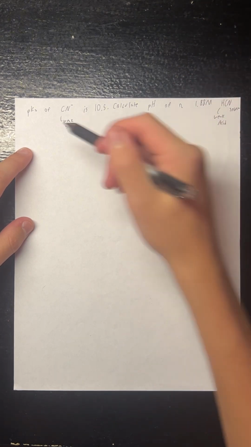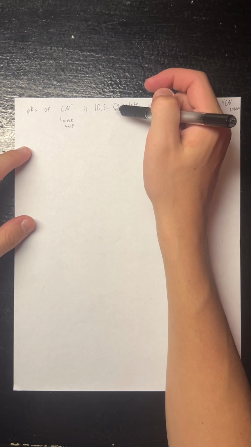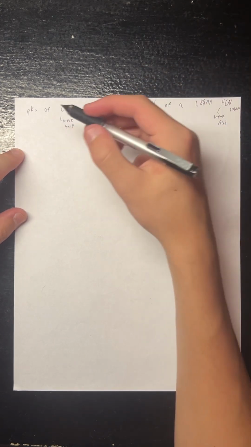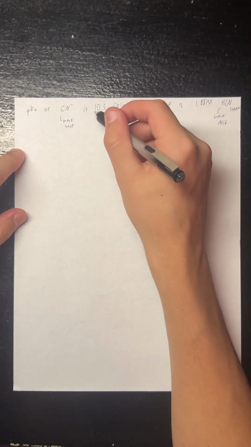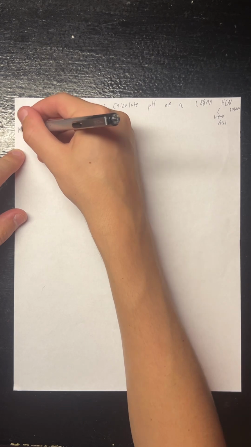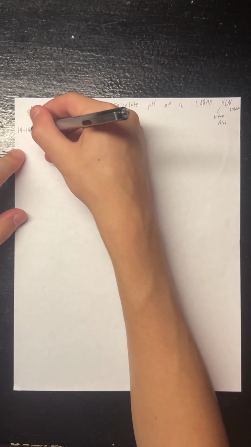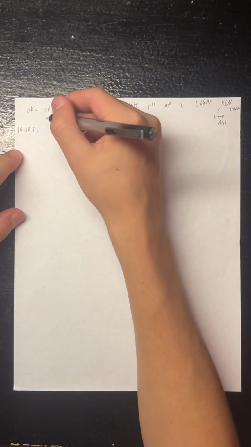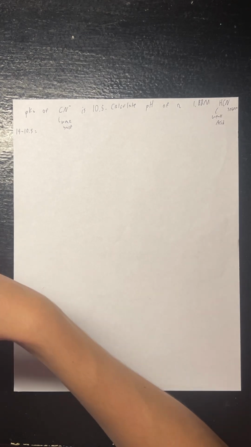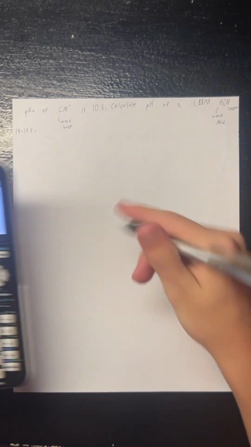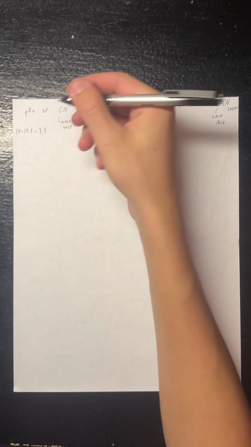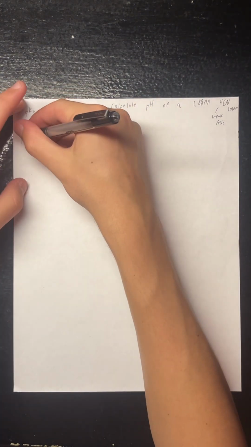Okay, so now we notice that our pKb is 10.5. So we have to convert this to a Ka. So how do we do that? We can do 14 minus 10.5, which is 3.5. So 3.5 is our pKa.